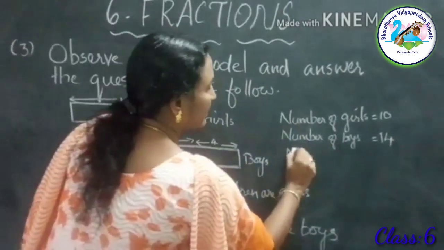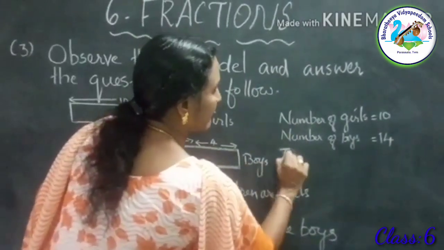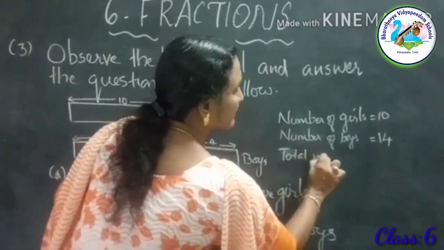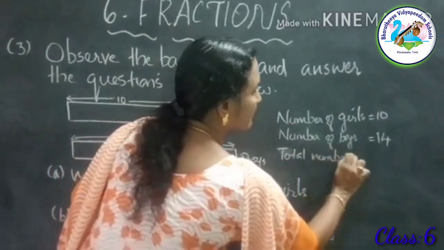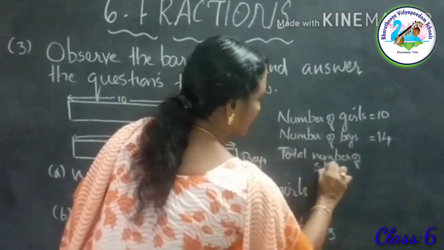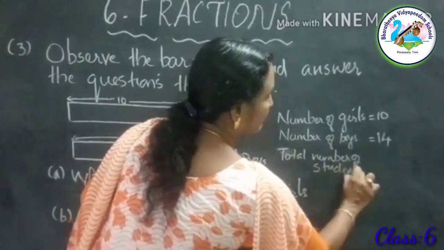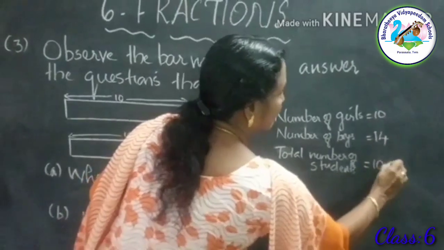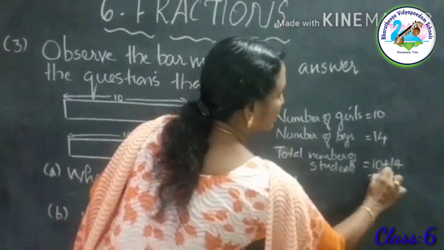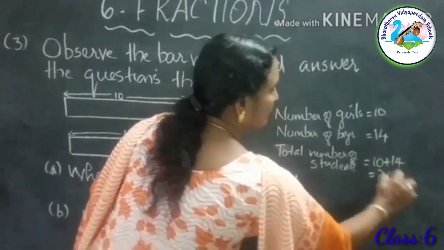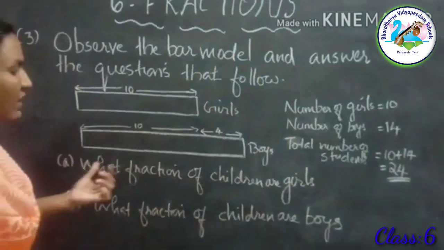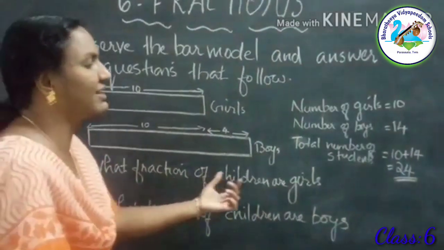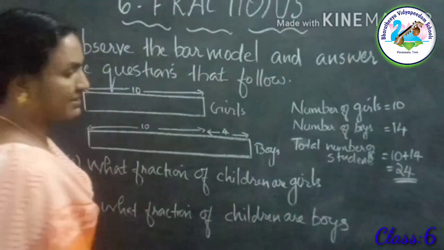So the total number of students is equal to 10 plus 14, which is equal to 24. Our first option, what fraction of children are girls?